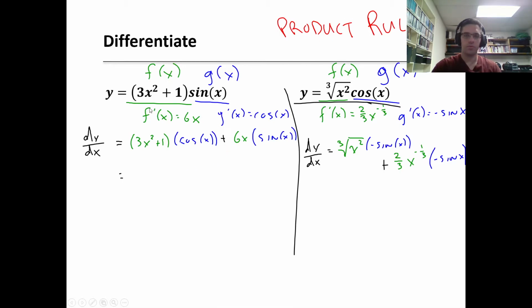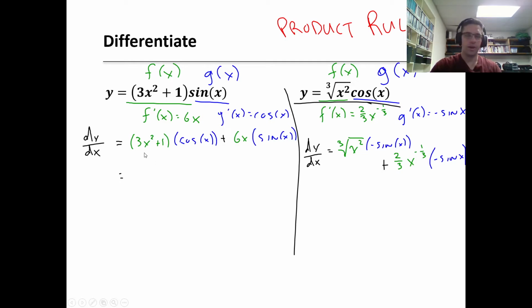Remember, the product rule is the first function times the derivative of the second, plus the derivative of the first times the original g. So f times g prime plus f prime times g. You can almost call that cross multiplying.